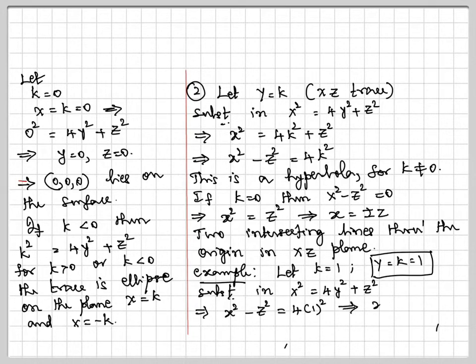If you divide everything by 4, you get x squared over 4 minus z squared over 4 equals 1, which is a hyperbola on the xz plane, cutting the x axis at 2 and negative 2.